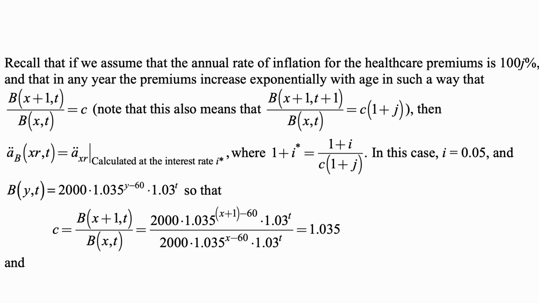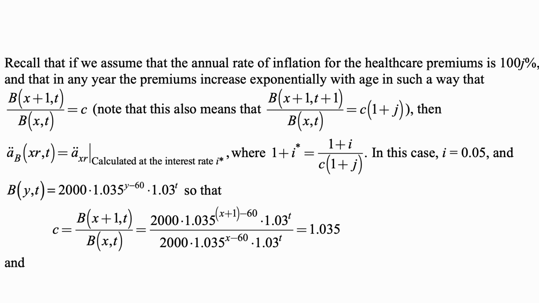Calculated at the interest rate i*, where 1 + i* is (1 + i), where i is just the regular valuation interest rate that we're using, divided by c times (1 + j), where you see the meaning of c times (1 + j) just above. And in this case, in the problem that we have there, i is 5% and b(y, t) is the benefit.